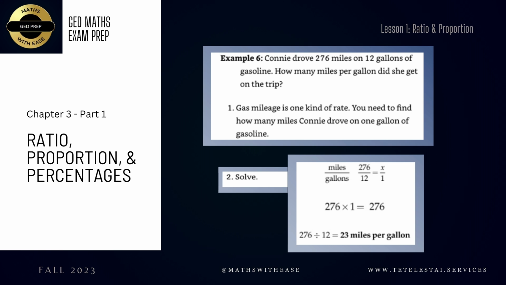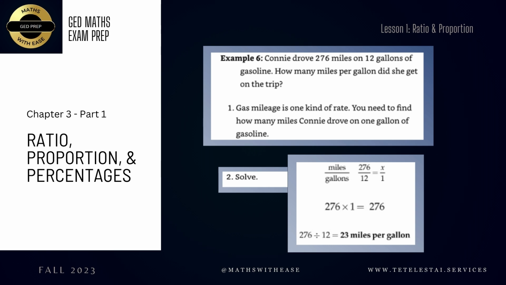Per gallon, or if you like, you can put here per 1 gallon, okay? In a different example, you might see per 5 gallons, but if you don't see a number next to the measurement, so the gallon here is the measurement, just know that the unit is 1, okay? Or the number that should go there is 1, okay? So you're going to write your proportion out according to how the question provides information.